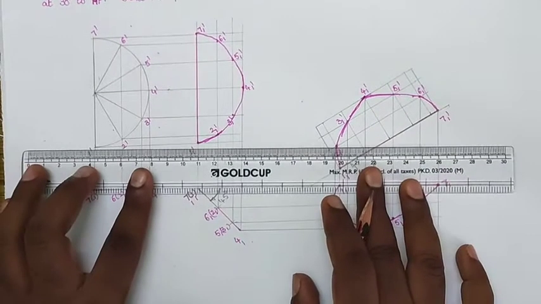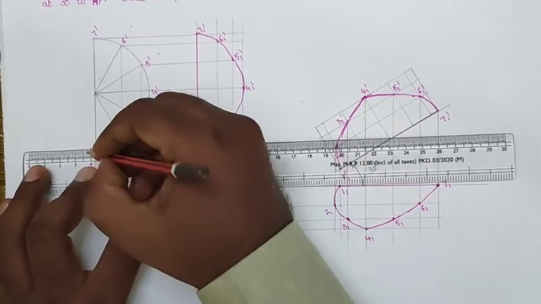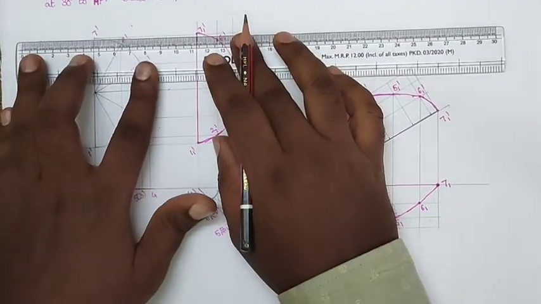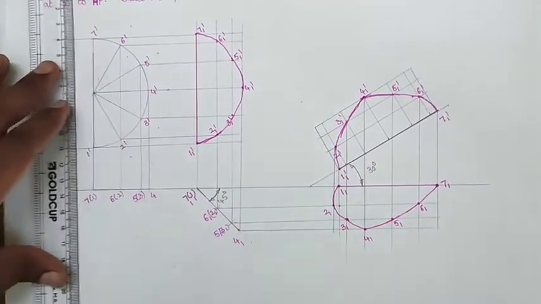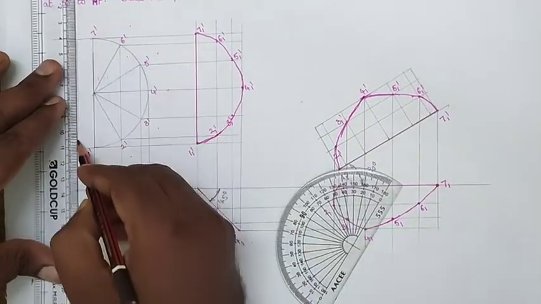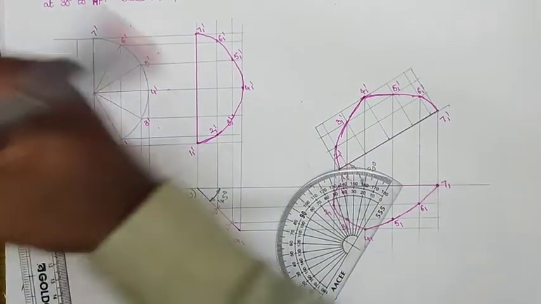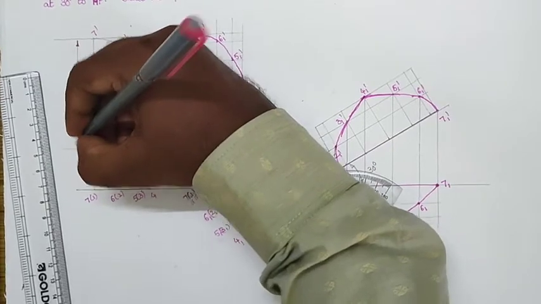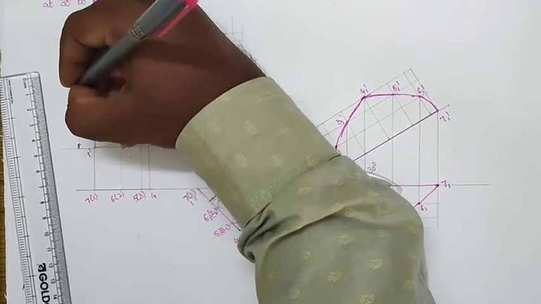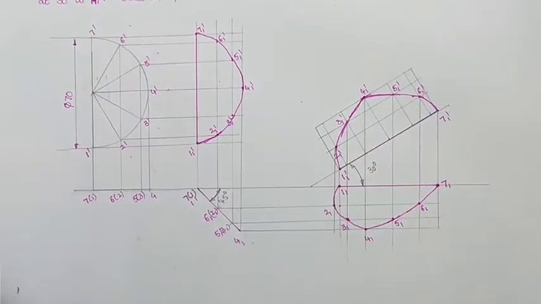After drawing the diagram, we give the dimensioning. They are giving this dimension, 70 mm diameter, so the diameter should be mentioned here. So this is our required diagram.